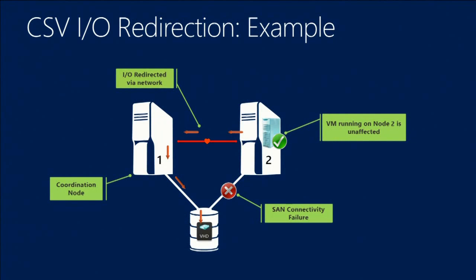And when the disk connectivity fails here, the running workload is agnostic to the disk connectivity failure. That's the big advantage of cluster shared volumes, because underneath it sends all the I/O to the appropriate owner node, and the VM happily keeps running. But from a network configuration point of view, that's heavy traffic.